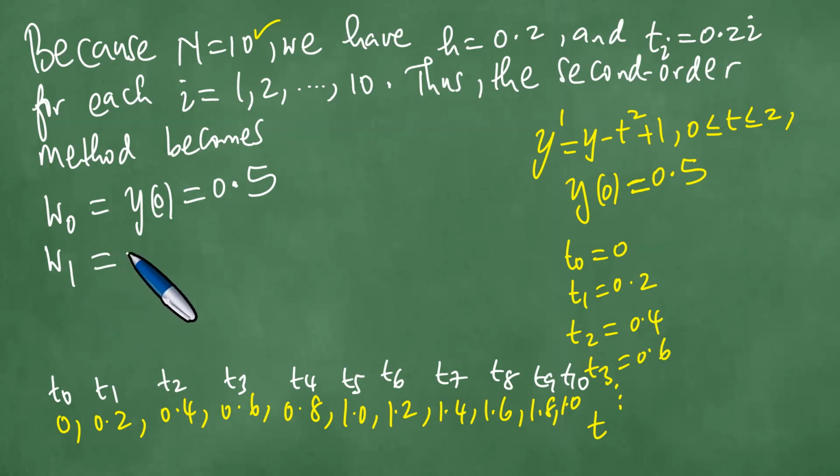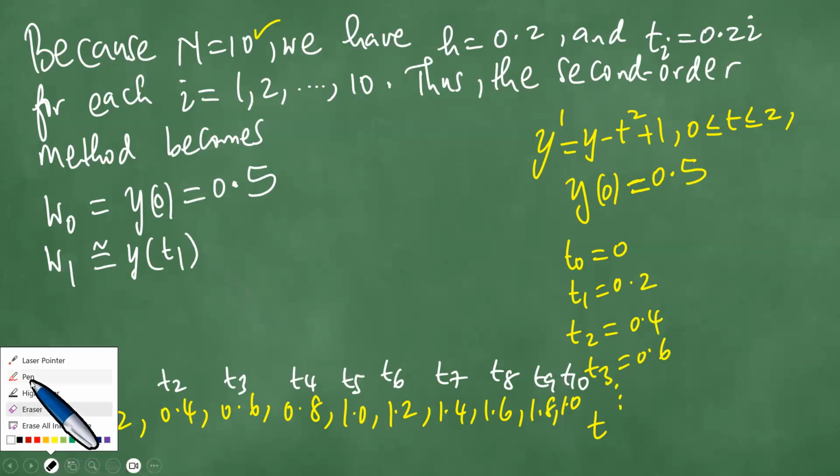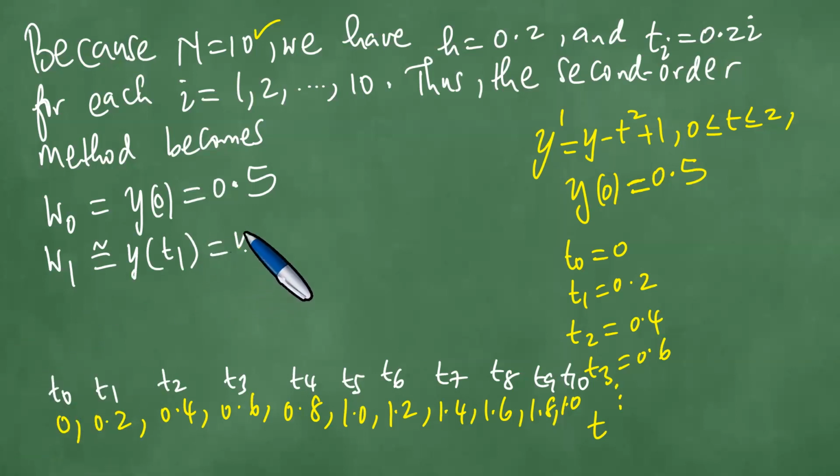We saw that W1 is Y at T1. Can you write that one? Approximately, what is Y at T1? You can use the equal sign here. So this one is Y at 0.2.